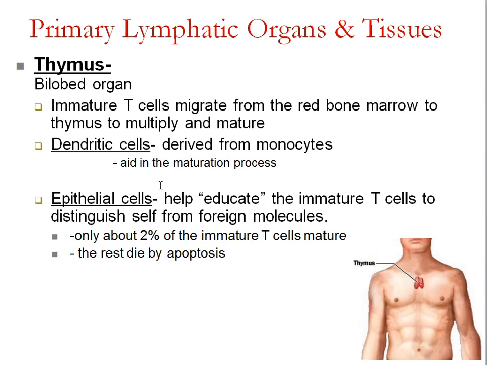And then we get epithelial cells, super important, because these help educate our immature T cells to distinguish self from foreign molecules, meaning our epithelial cells help teach these T cells not to attack our own body. We're looking for stuff that doesn't match to go after. Only about 2% of our immature T cells will actually make it through the maturation process. The rest die by apoptosis.